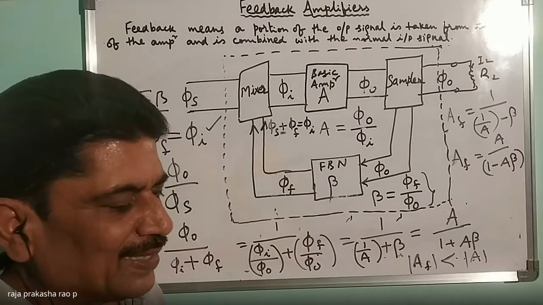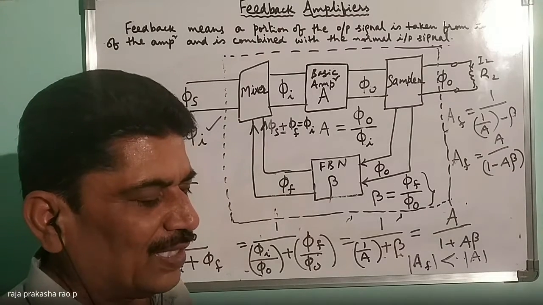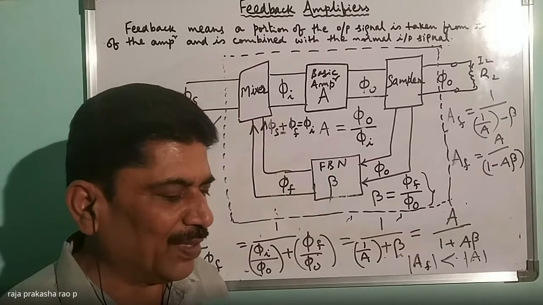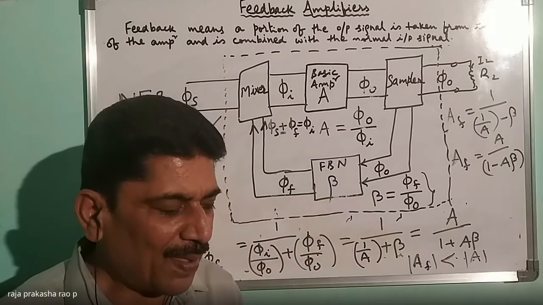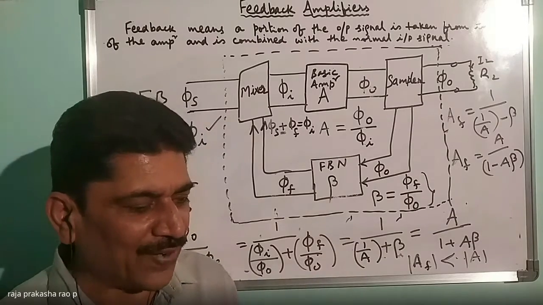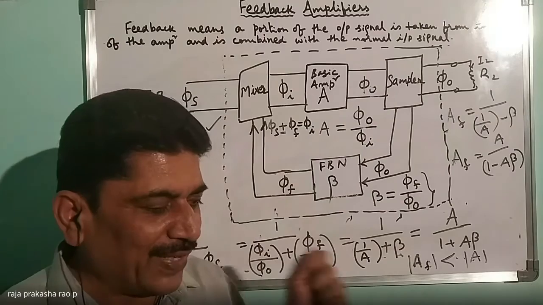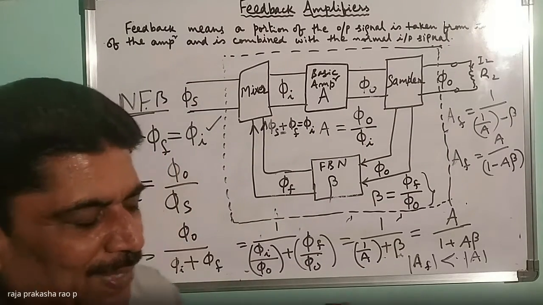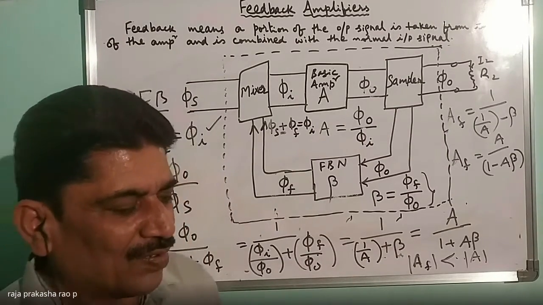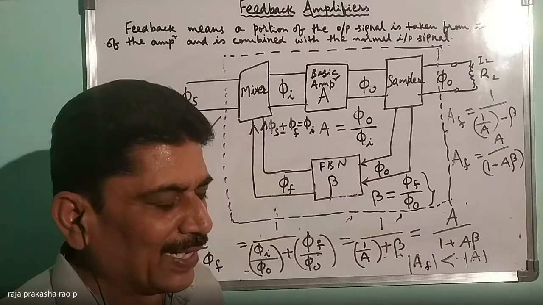What is the feedback signal here? A portion of the output signal. Where is it available? The output signal is V0. We want a portion of it, so you multiply it by a fraction. If we multiply by 0.5, we will get 50% of that signal.